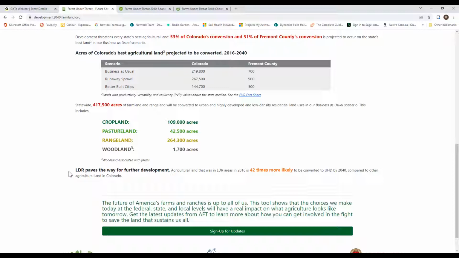Looking down at the bottom, you see again what Jordan mentioned: once land is in low density residential land use, it is way more likely, and in Colorado's case 42 times more likely, to be further converted. So that threat remains that LDR is an interim land use for land that will continue to be further developed.